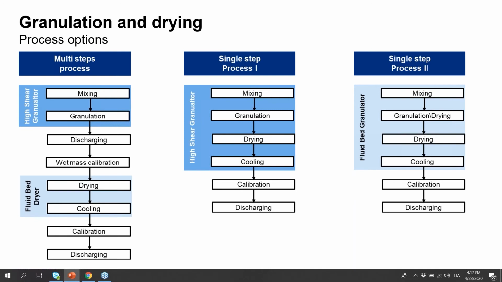Or there are 2 other options where we do everything in a single pot, let me say. One is the high-shear granulator where we dry inside the high-shear, or a fluid bed dryer where we do granulation and drying at the same time.